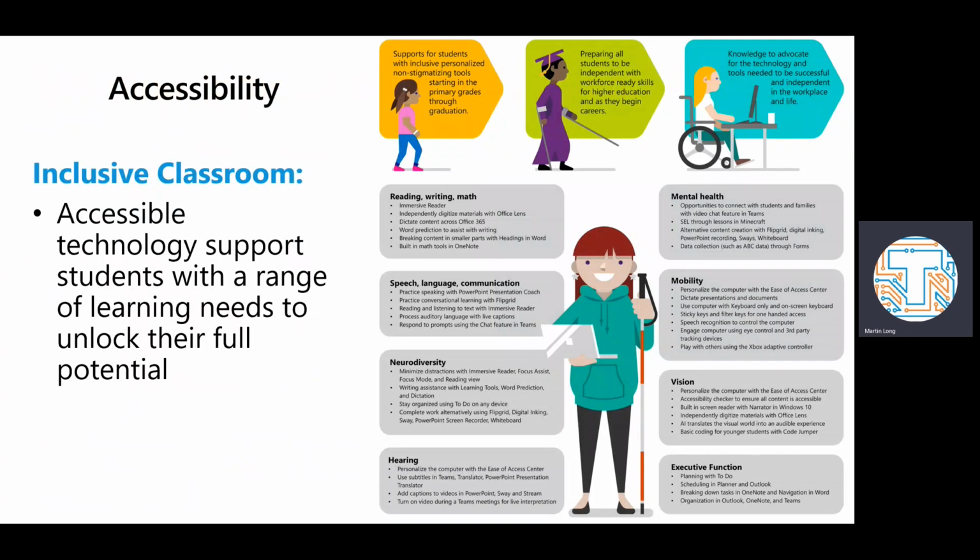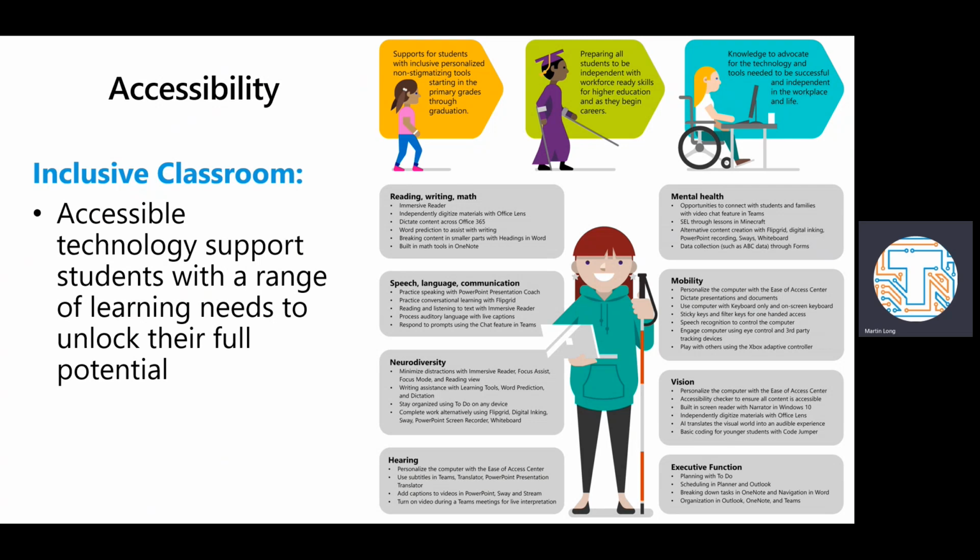Just starting with the infographic on the right, if you're reading that, you will find that when you go and look at any of the Learn and accessibility courses in Microsoft Learn. The idea from Microsoft is that they hit all areas within a school or an educational institution that might require some degree of support to just get a level of access to learning everybody is entitled to, whether it's reading, writing and maths, or it comes back to mental well-being.